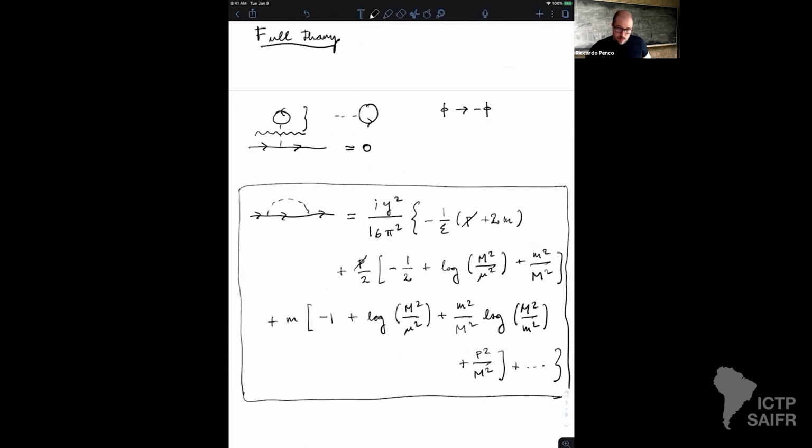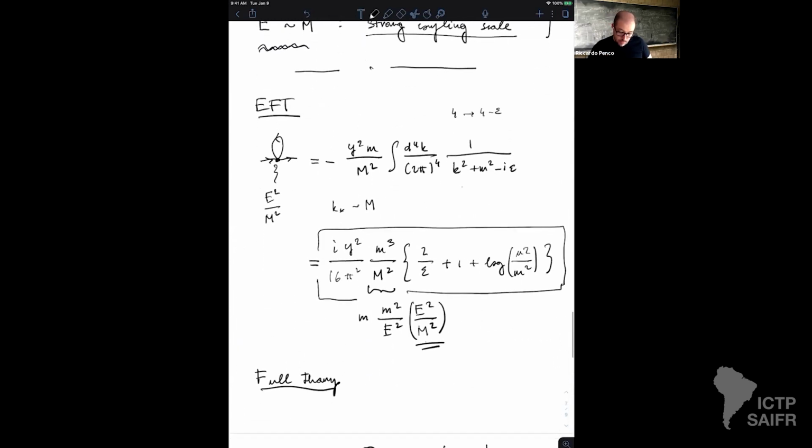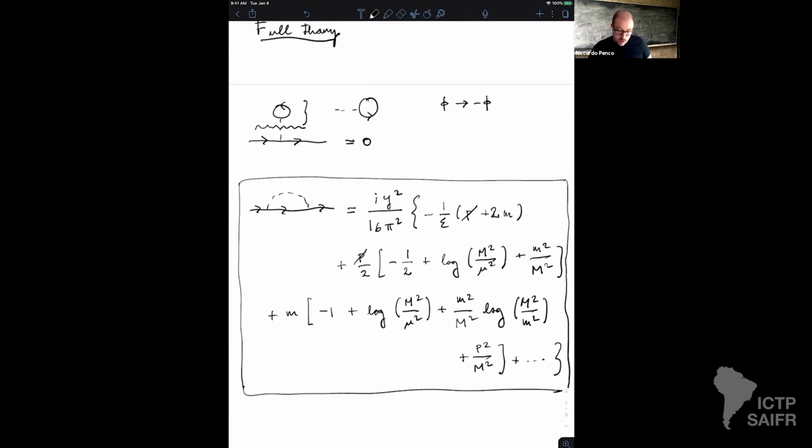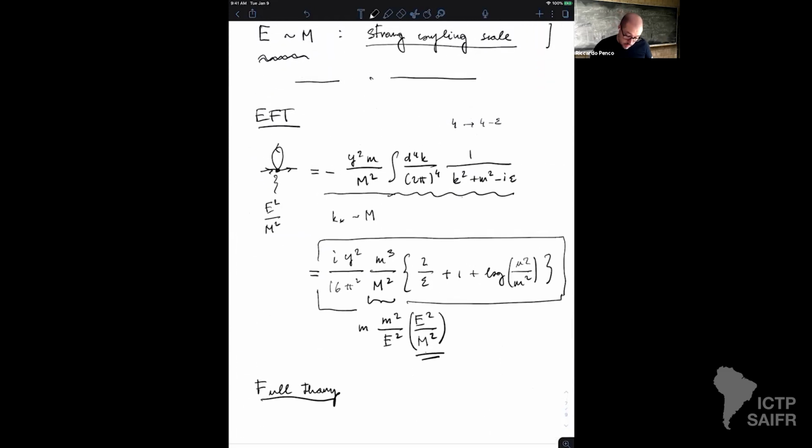Now, a few comments about the comparison between these two results. One is that I didn't write down the integral, the analog of this for the full theory. But if I had, you would see, and you can see that from the notes, that this integral in the EFT is exactly what I would have gotten if I had expanded the integrand in the full theory before carrying out the integral.